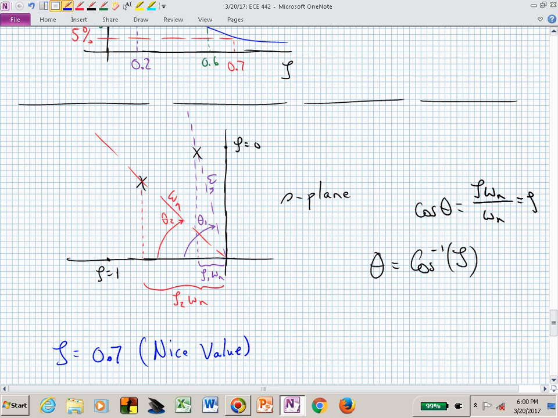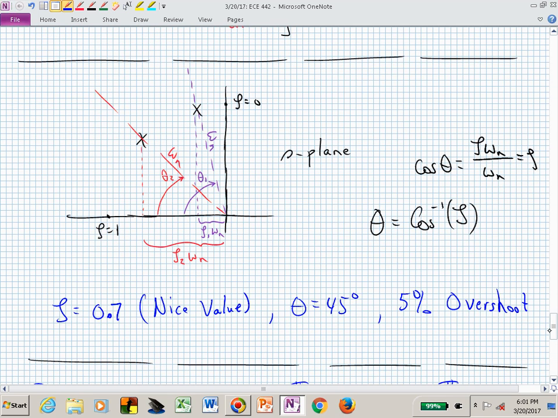You remember? That's a theta of 45 degrees, isn't it? So this zeta of 0.7 now gives you an angle of 45 degrees, or a 5% overshoot.